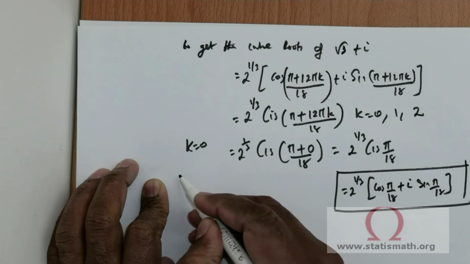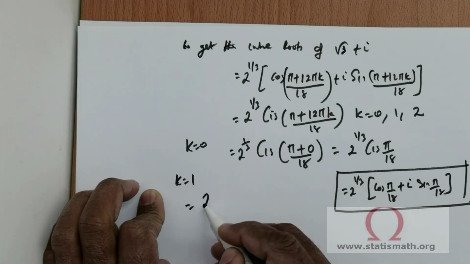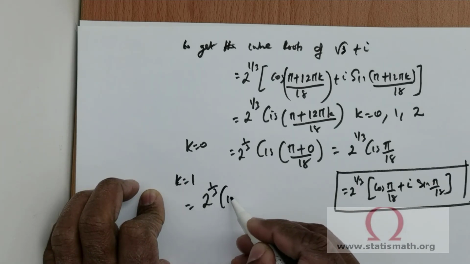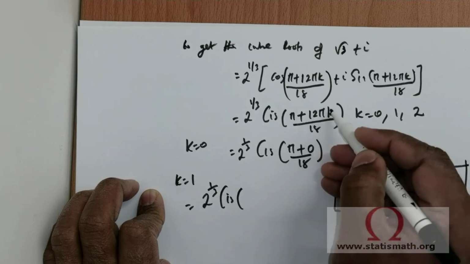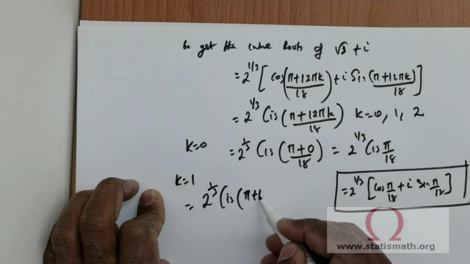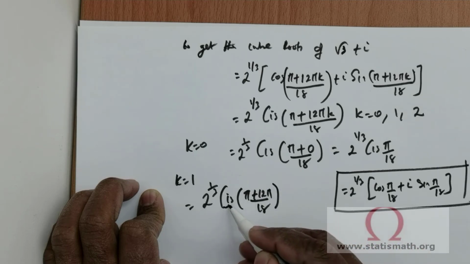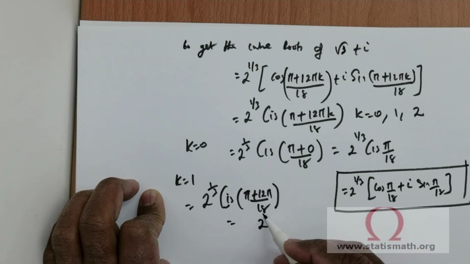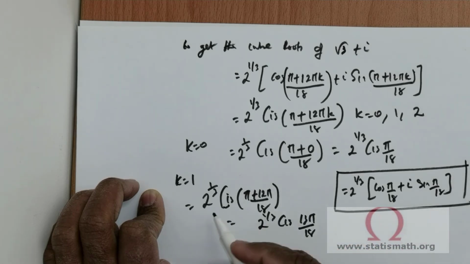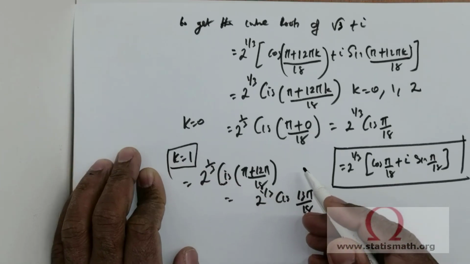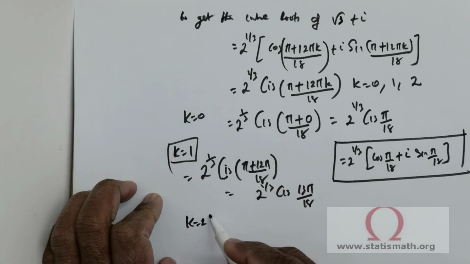When k is equal to 1, this is going to be 2 raised to the power 1/3 cis of (π + 12π)/18. That can be rewritten as 2 raised to the power 1/3 cis of 13π/18. So this is the value for k equal to 1. Now the final value, k equal to 2.